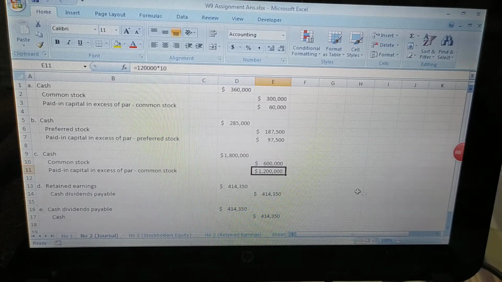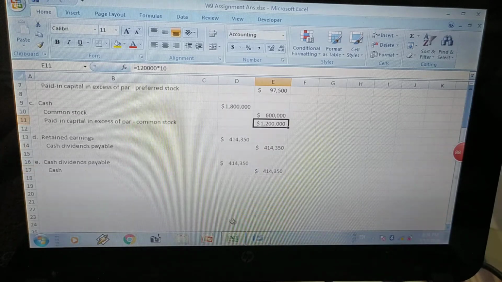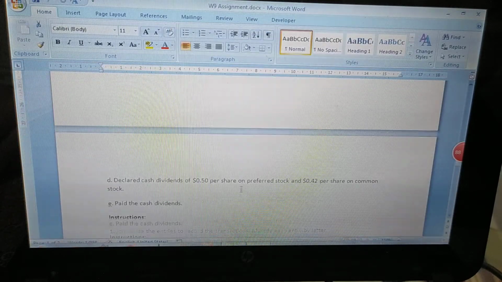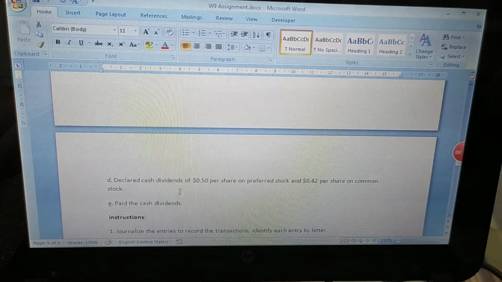And then the remaining is the paid-in capital in excess of par, common stock. So for D, declared cash dividends of $0.50 per share on preferred stock and $0.42 per share on common stock. So you are already given how many dollars per share will be given to the stockholders.